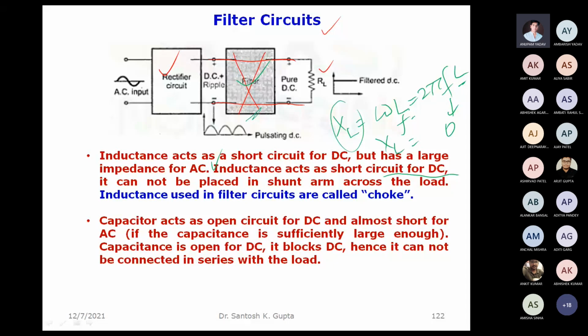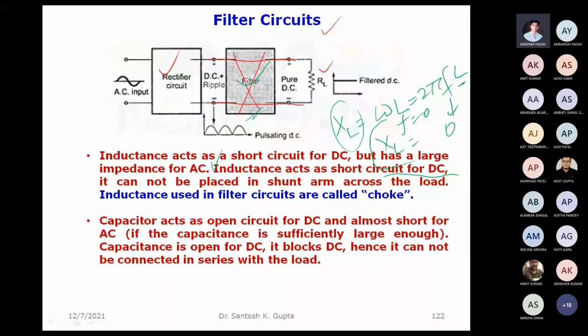Okay, so that's what it is just written, that inductance acts as a short circuit for DC. So if we want to pass the DC signal, then we may try to put the inductor in series, so that for DC it is going to act like a short circuit.